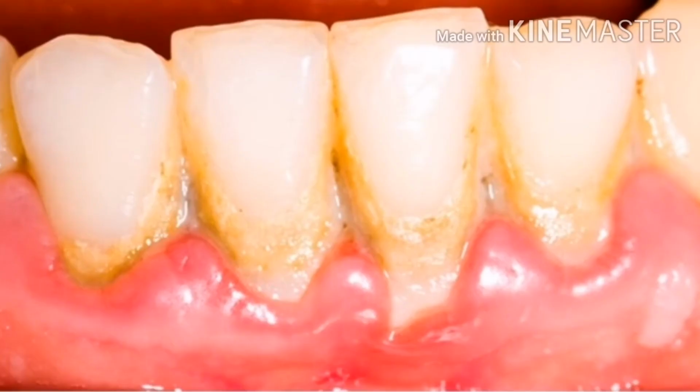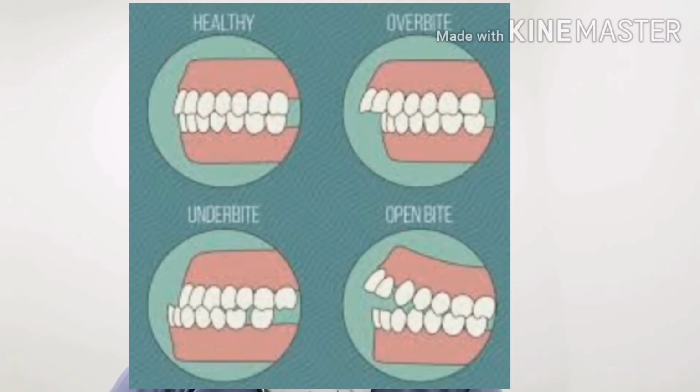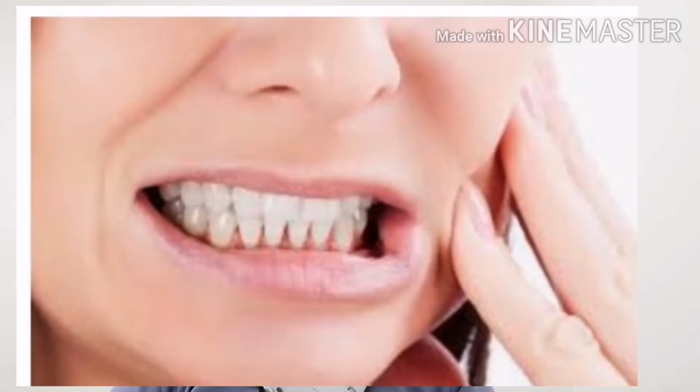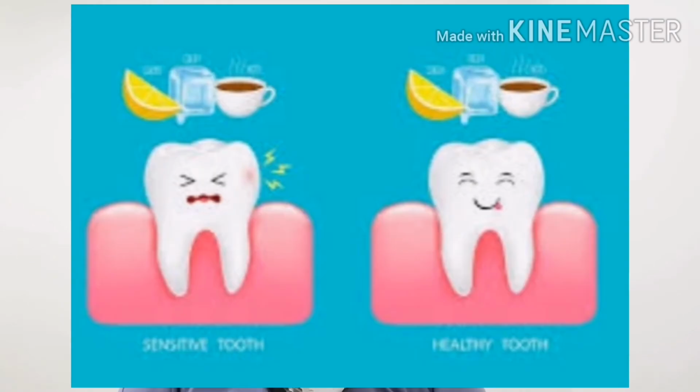Number 6 is tartar. Number 7 is overbite. Number 8 is underbite. Number 9 is tooth grinding. Number 10 is tooth sensitivity. These are the common problems which we will discuss in future in full detail.